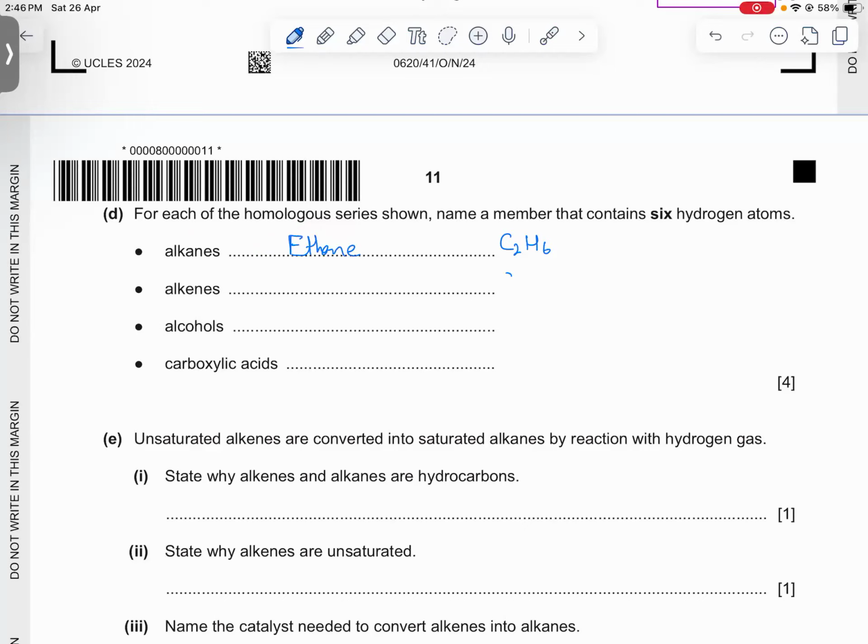For alkenes, it has 6 hydrogens when it has three carbons, so it would be propene. For alcohols, this has 6 hydrogens when it has 2 carbons, because C2H5OH has 6 hydrogens, so this will be ethanol.